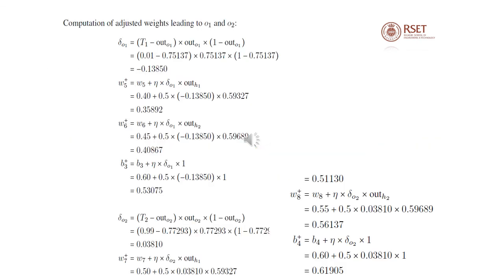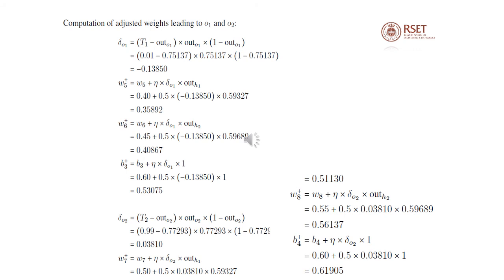In this slide you can see how we can update the weights, delta O1, delta O2 and each weight and bias. So delta O1 is calculated as (T1 minus output of O1) into output of O1 into (1 minus output of O1). We already know the values.